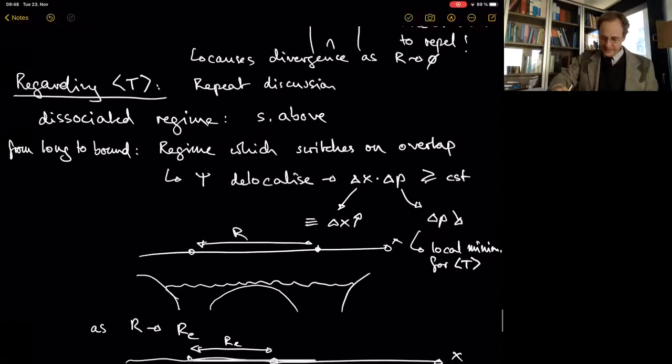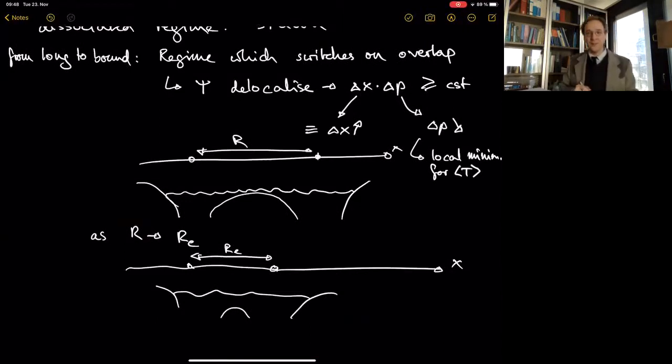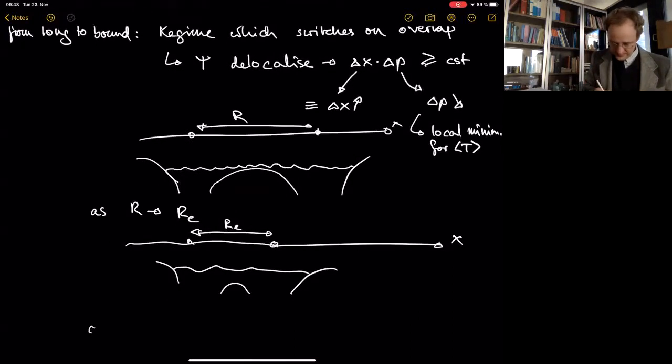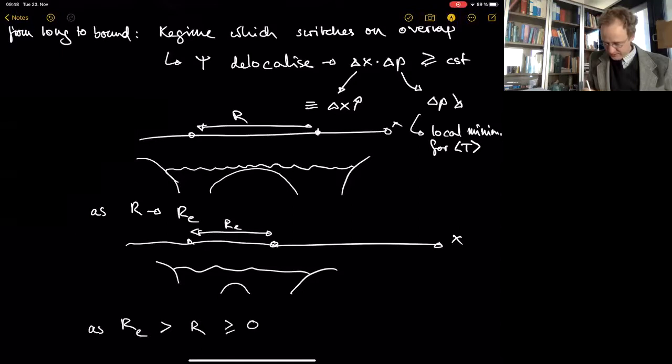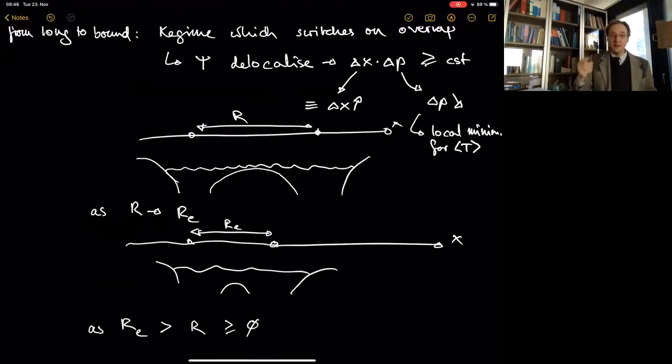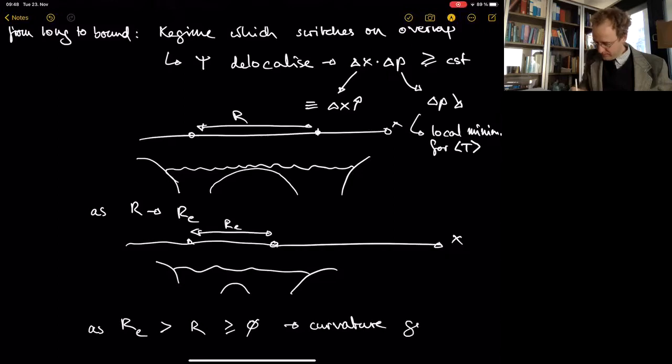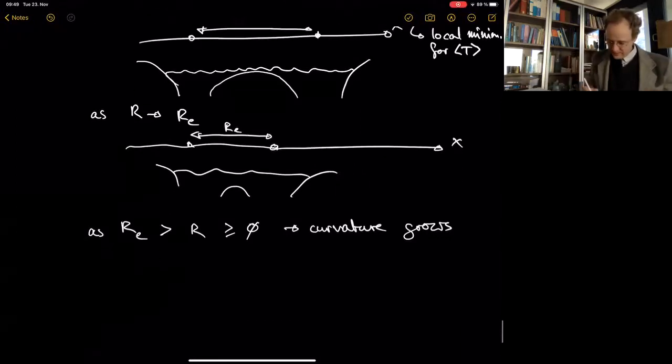And then as your nuclei come closer, you get even more curvature, so it goes further up, right? So as R goes to 0, your curvature grows, right? But it doesn't grow indefinitely, as you remember.